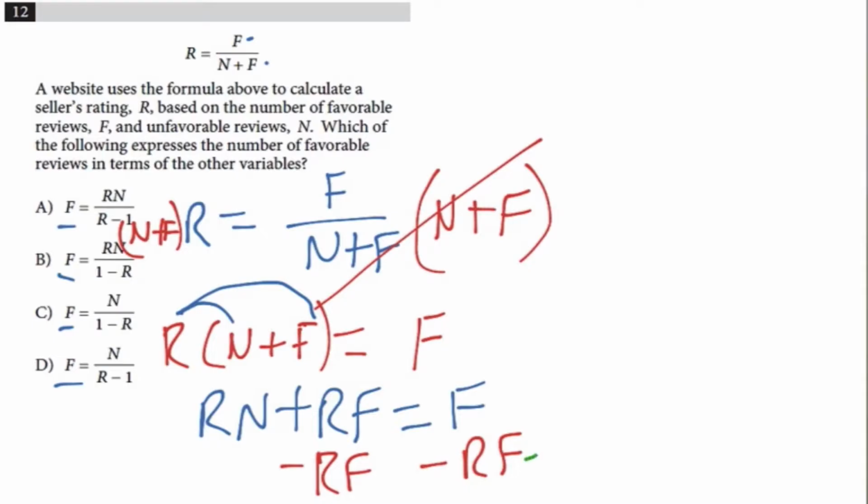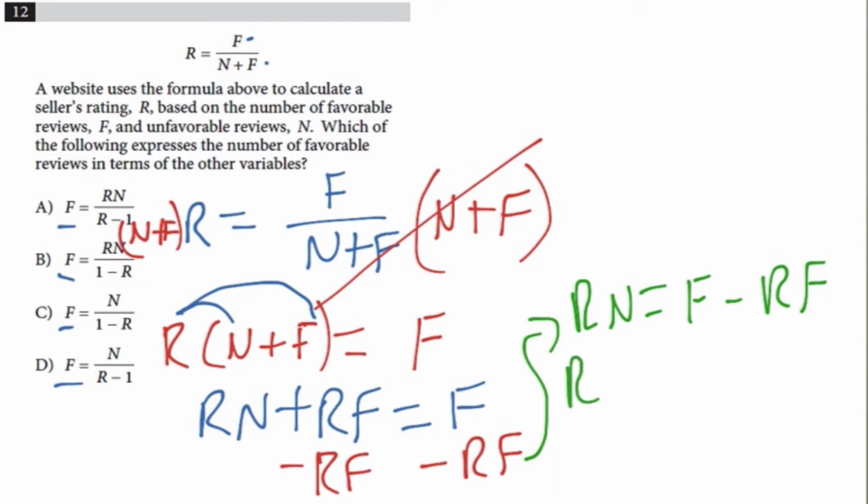So now I've got Rn equals f minus Rf. Rn equals, I'm going to factor here. I'm going to factor an f out of each of these terms, out of f and Rf, so that Rn equals f times 1 minus r, and now we're one step away.